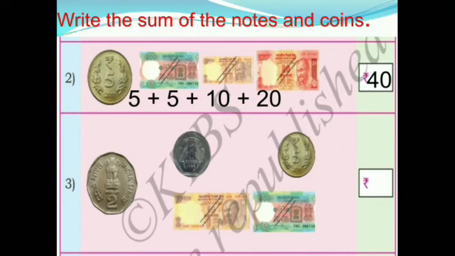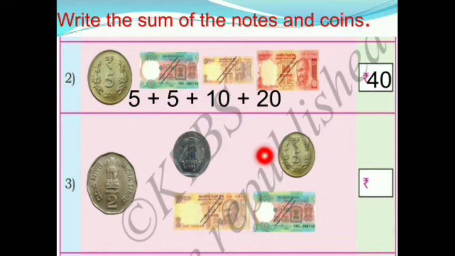Next we have one 2 rupee coin, one 1 rupee coin, one 5 rupee coin. Then we have one 10 rupee note and one 5 rupee note. Now we should add all these. First we should add the 2 rupee coin and 1 rupee coin. What is 2 plus 1? 2 plus 1 is equal to 3.